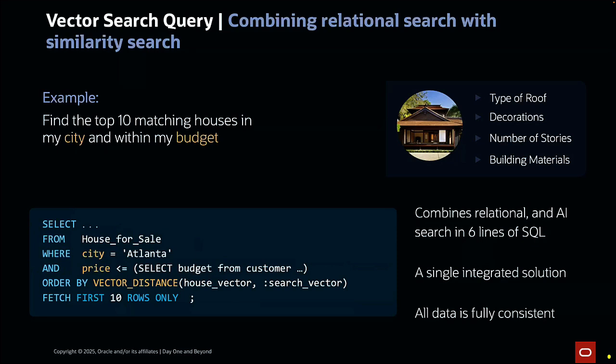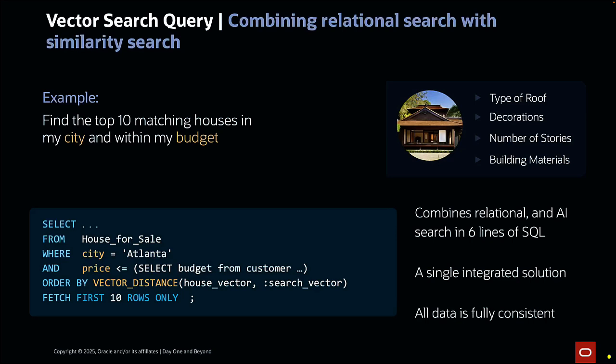And what if I live in Atlanta? And what if this house is $20 million and my budget is $100,000? Well, say $200,000 to be a bit more realistic. I'm going to be pulling back matches based on how closely they resemble this picture, but it might not be relevant to my specific search.